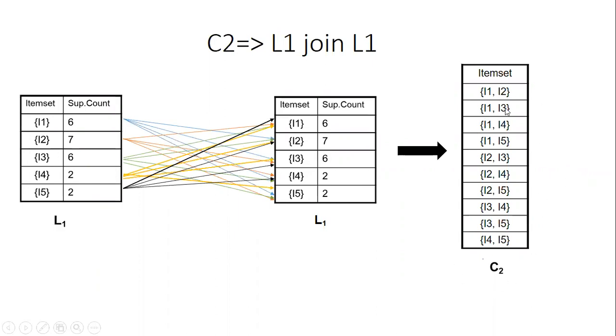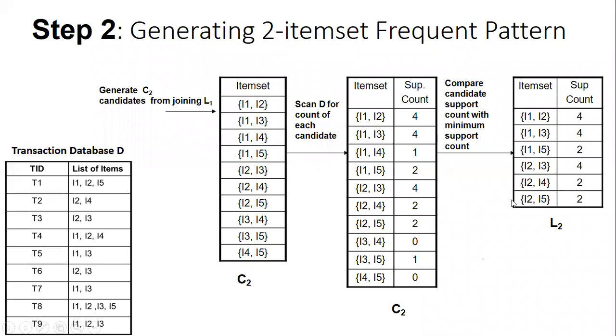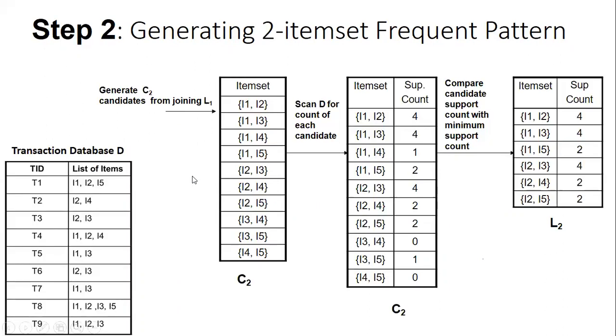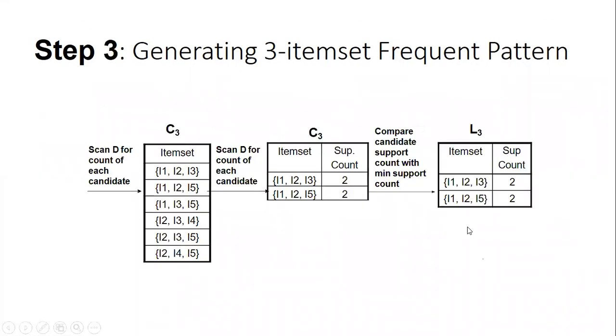Not this one, this is not frequent. So L2 and L2 will combine in this form, and then we will get C3 like this, having I1, I2, I3. If you observe, in the previous L1 and L2, we didn't apply any Apriori property.